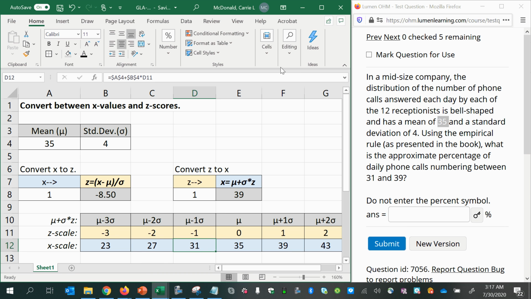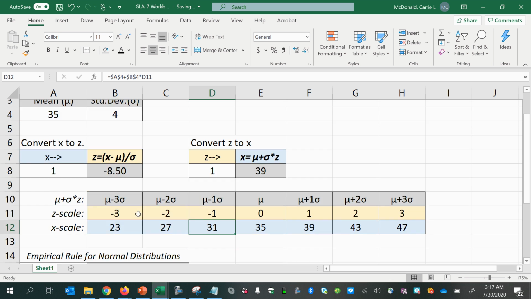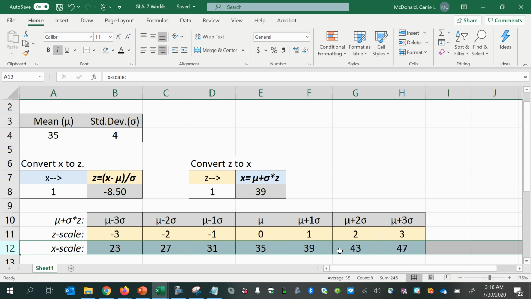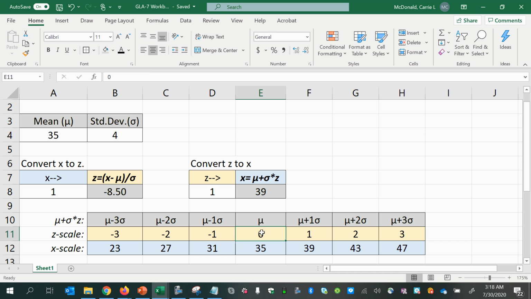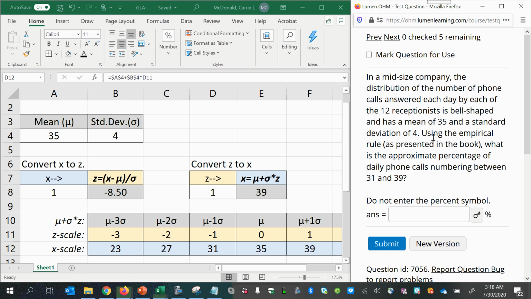And now all of my values have calculated in an instant, and I can see all the x values that are the receptionist times that line up with a z-score of 0, a z-score of 1, 2, 3, and so on, -2, -1, -3. Okay, so how do we understand this in terms of this question?